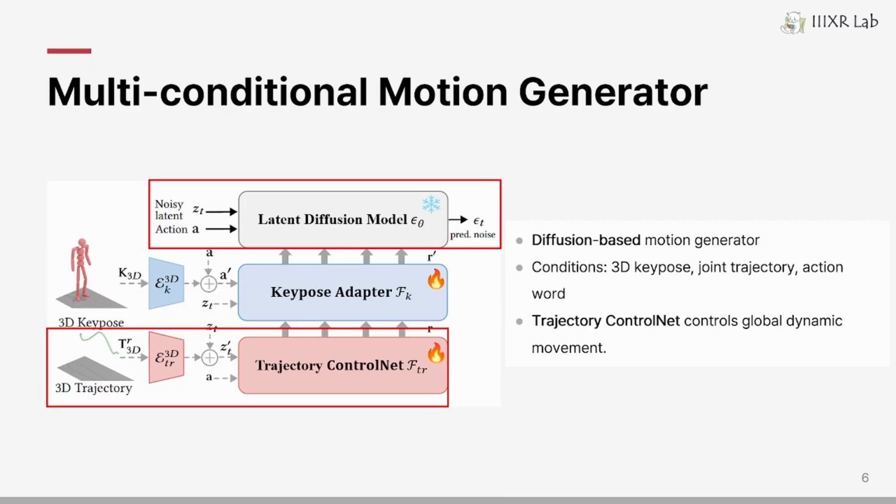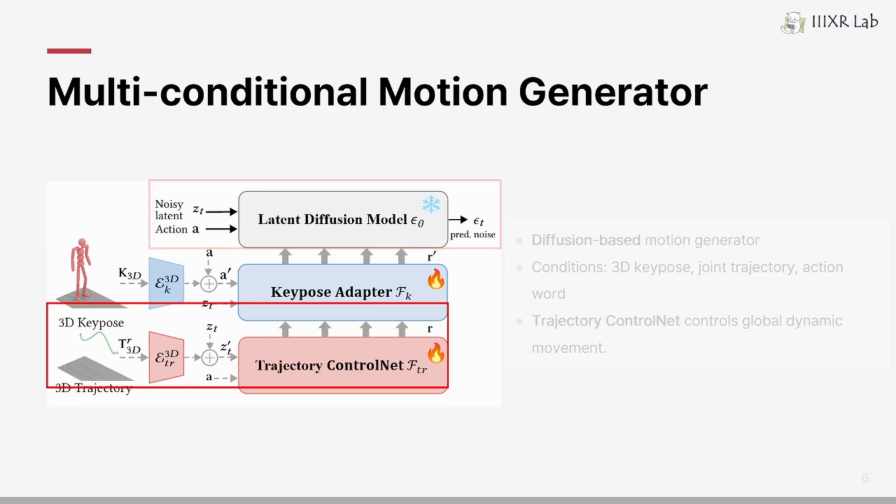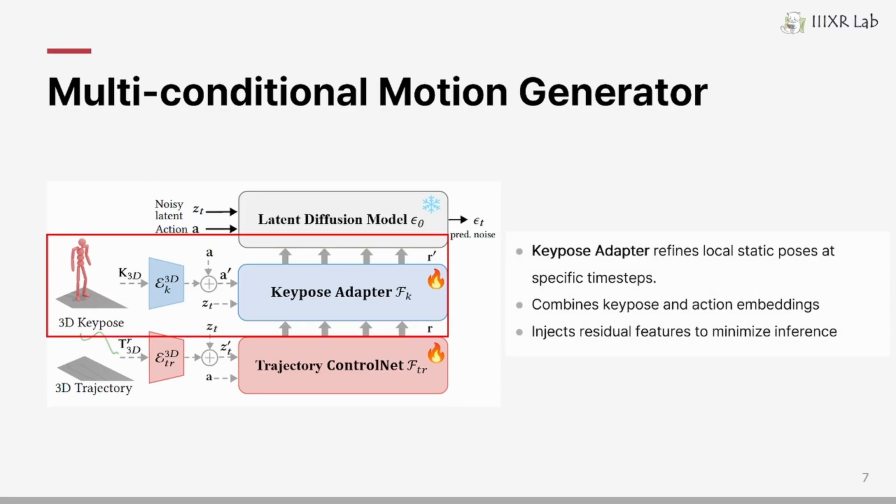In addition to the trajectory control net, there is a second component called the key pose adapter. The key pose adapter refines local static poses at specific time steps, making sure that key body configurations in the generated motion accurately match the 2D sketch.